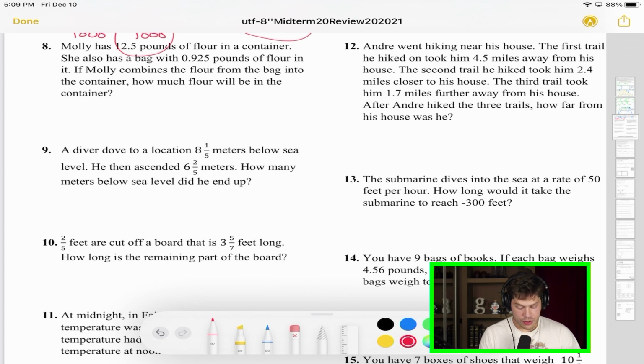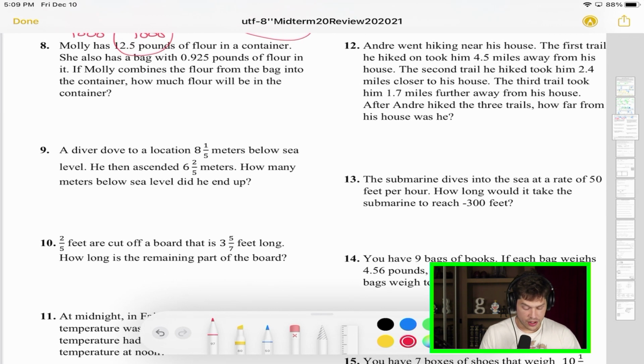Okay, Molly has 12.5 pounds of flour in a container. She also has a bag with 0.925 pounds of flour in it. If Molly combines the flour, how much will be in the container? So here we're adding. What are we adding? It's just 12.5 plus 0.925.